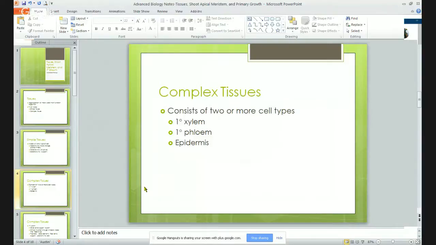So the three major types of complex tissues found in plants are primary xylem, primary phloem, and your epidermis or your dermal tissue.